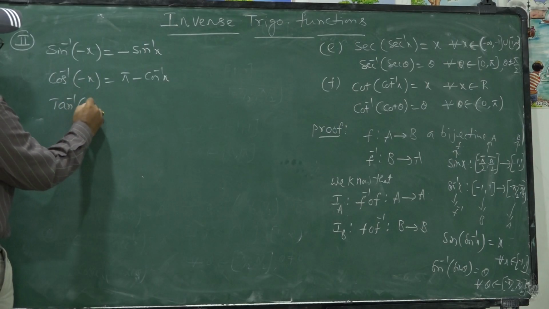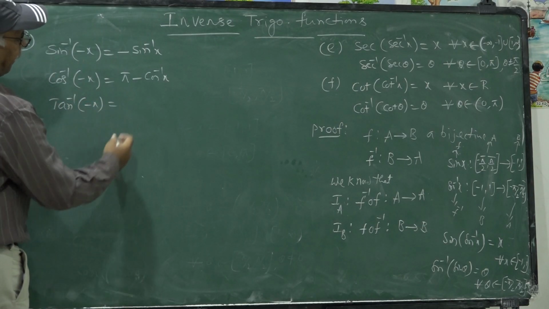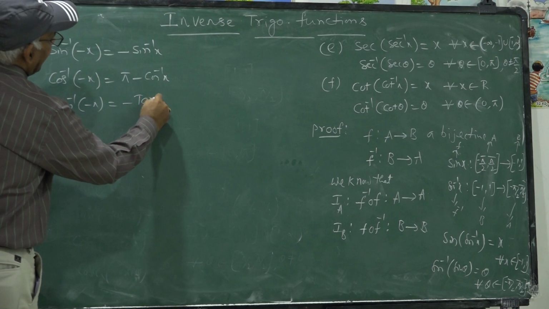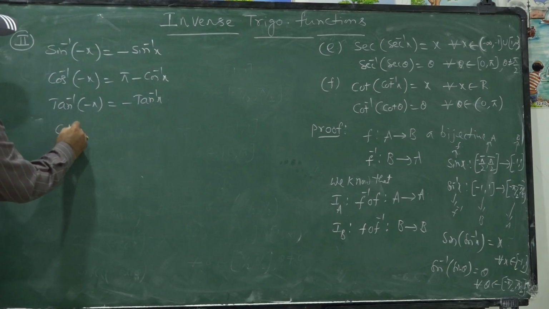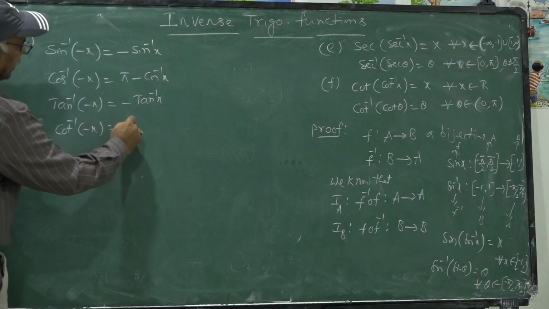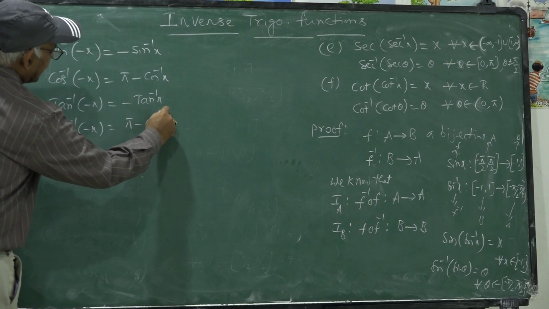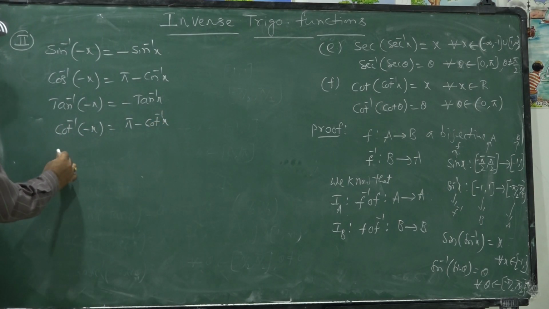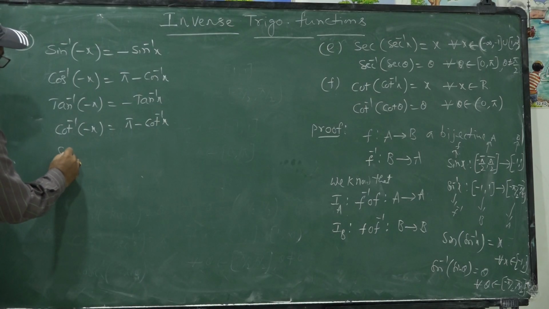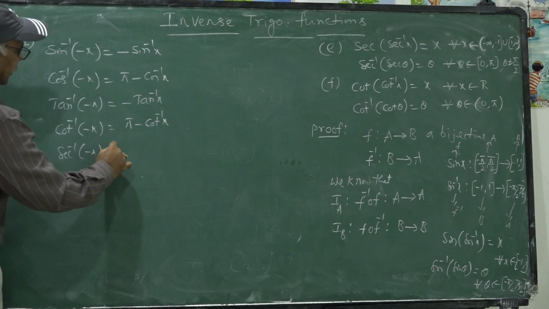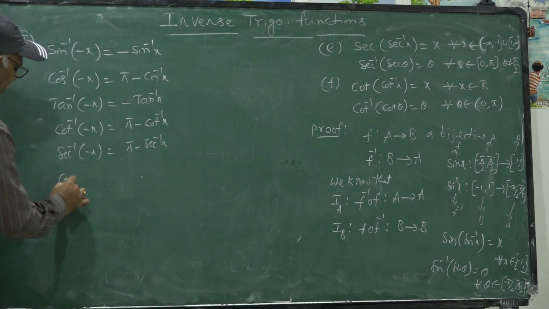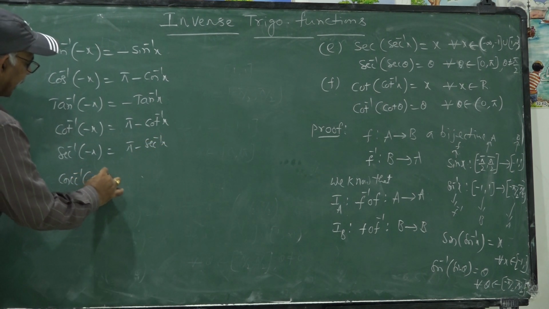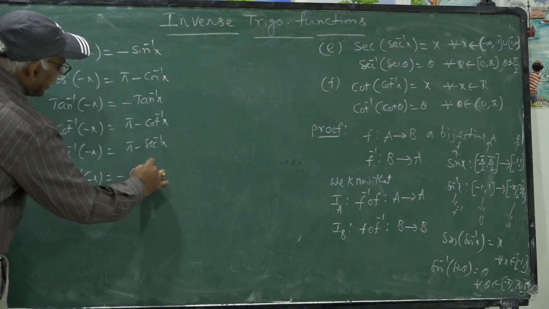Tan inverse of minus x is minus tan inverse x. Cot inverse of minus x is pi minus cot inverse x. And secant inverse of minus x is pi minus secant inverse x, whereas cosec inverse of minus x is minus cosec inverse x.